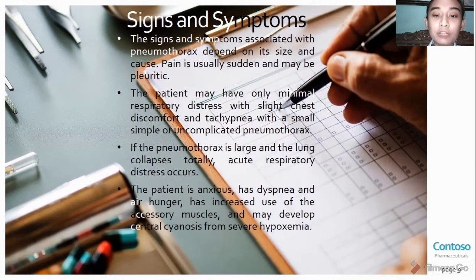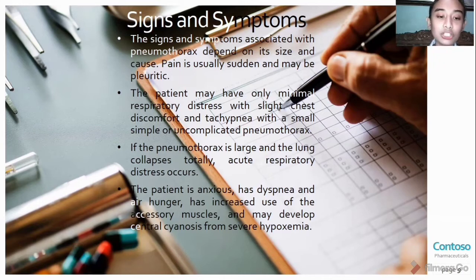The patient may have only minimal respiratory distress with slight chest discomfort and tachypnea with a small, simple or uncomplicated pneumothorax. If the pneumothorax is large and the lung collapses totally, acute respiratory distress occurs.